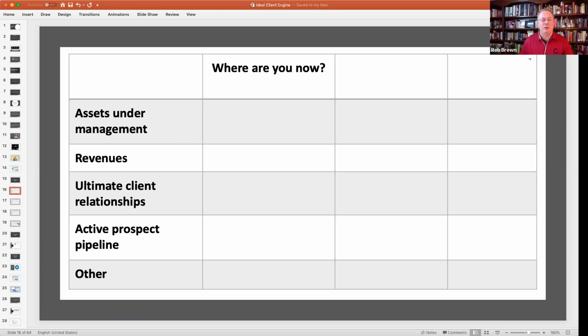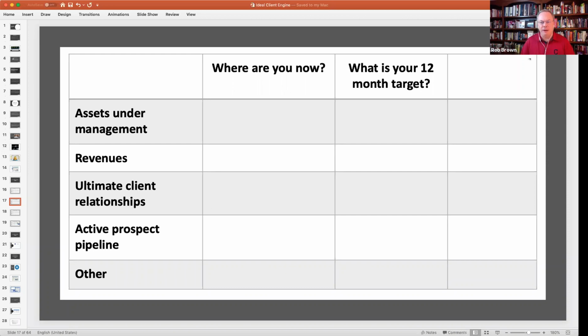There might be something else that you want to measure, but start there and write down where you are today next to each category. Next, I want you to write where you would like to be in 12 months. So KPIs aren't any good if you don't have a place that you want to take them. When you are measuring your key performance indicators, you not only need to know where you are today, you also need to know where you want to go.